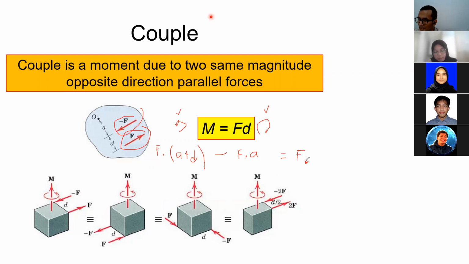FD, yes of course, it's FD, correct. Because this one is FA plus FD, you can divide it like that, and then minus FA. So what we get is only FD. So this is the moment caused by both forces, right, Fatima?